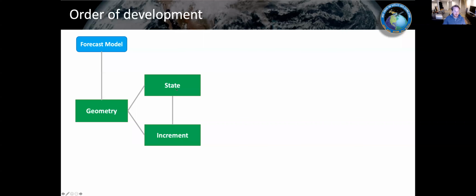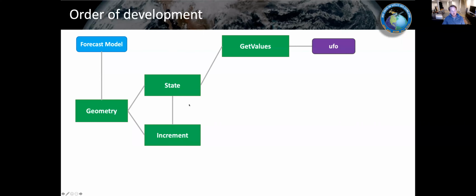In order to have a state constructor, you would pass in a geometry, for example, as well as various other things. There's probably some overlap between these two, but you would implement them anyway. And then they're going to interact with each other as well, through, you might diff two states to create an increment, for example. Once you have your state class developed, you could work on the get values.